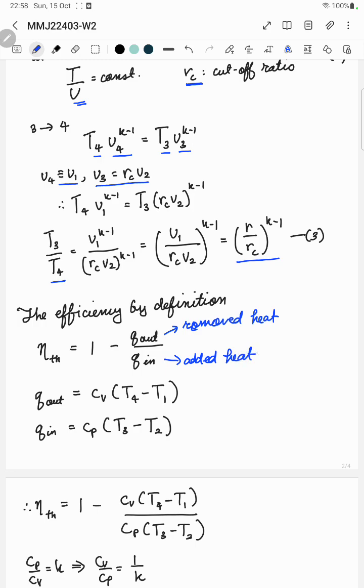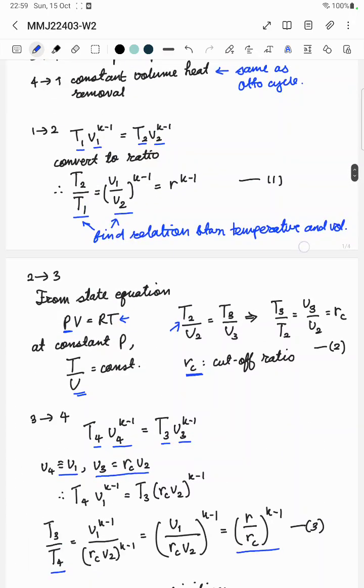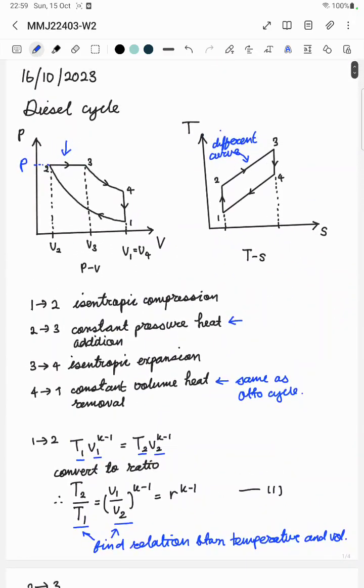So this is the definition of any gas cycle efficiency. And if we go back to our TS diagram, we can see that our highest temperature is T3, and the process of heat addition is from process 2 to 3.